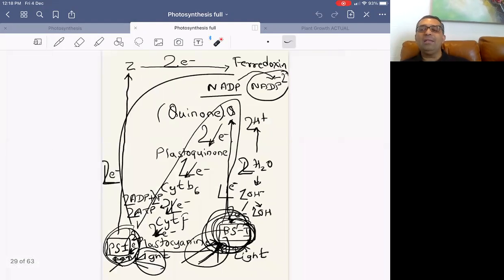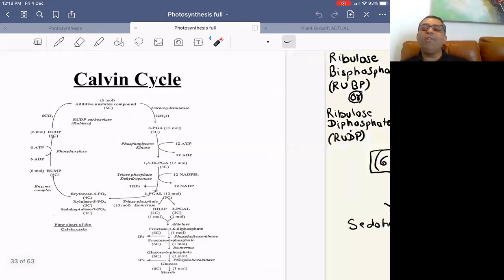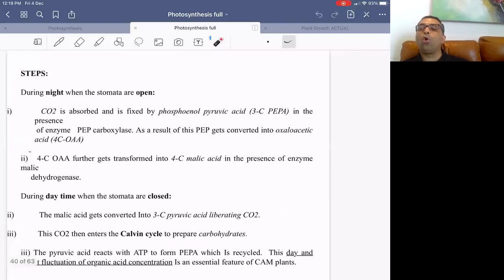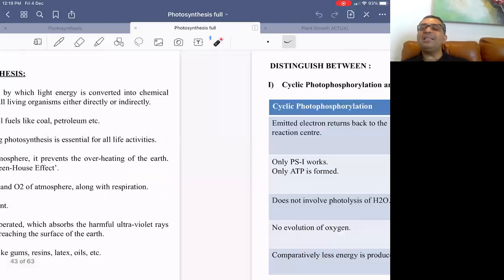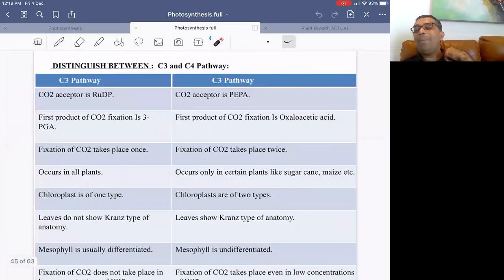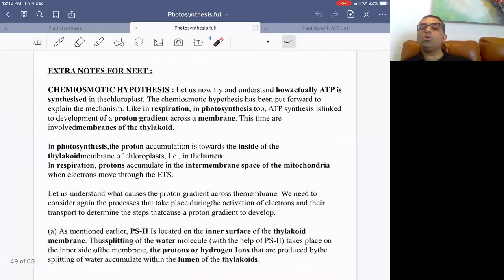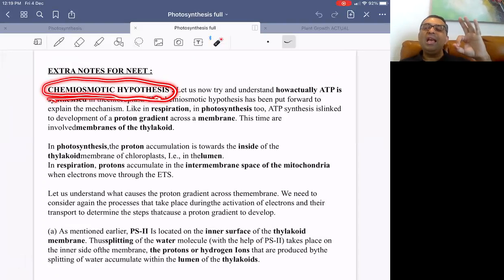Actually, these ATPs are not made between ferredoxin and cytochrome B6 or cytochrome B6 and cytochrome F. Actually, these ATPs are made by a similar mechanism called chemiosmosis. By chemiosmotic hypothesis, ATPs are made. तो फेरिडॉक्सिन और साइटोक्रोम बी सिक्स साइटोक्रोम एफ, इनके बीच में सिर्फ इलेक्ट्रॉन से एनर्जी जाती है, and that will help in movement of proton.